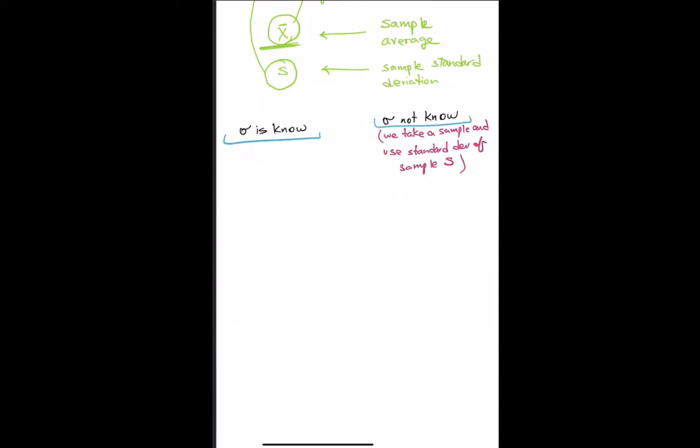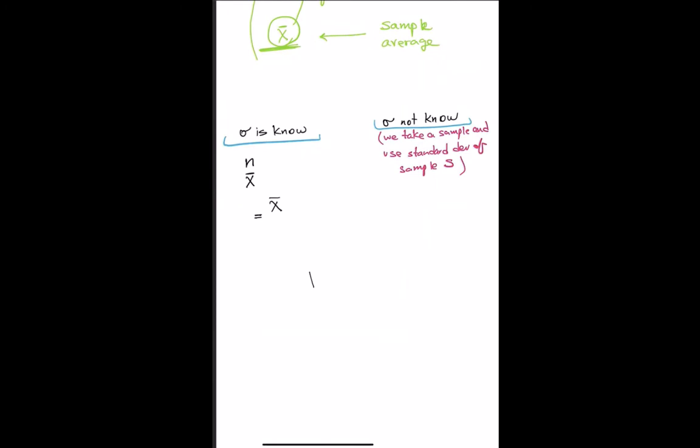Now tell me, let's assume I know sigma, the standard deviation of the characteristic of interest in the population. I take a sample of size n, and I'm looking at the average of the characteristic of interest in the population. Can you tell me how I construct my test statistic?